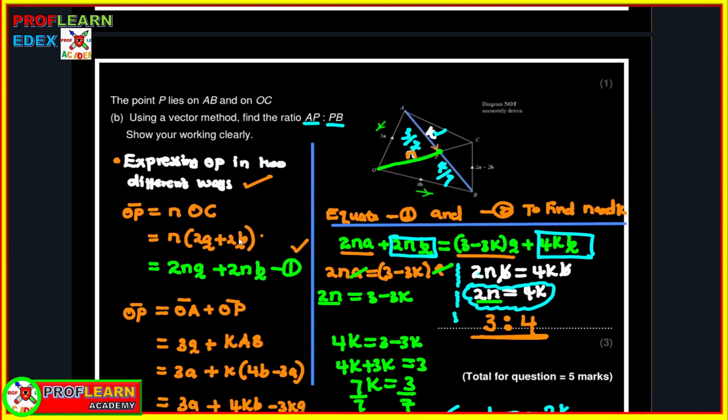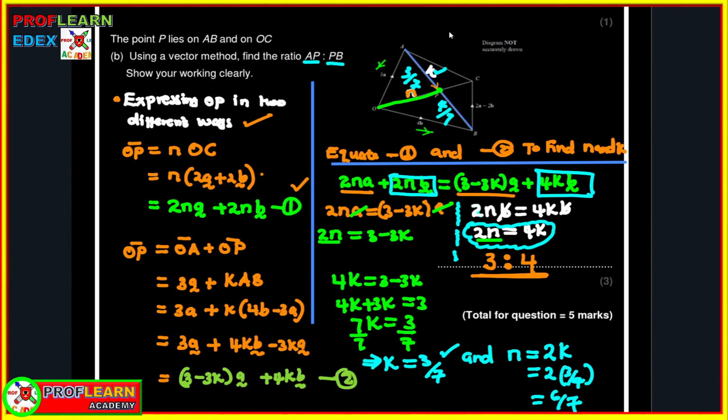Another route you can use to reach OP from O is the route OA, then AP. But remember, AP is going to be K of AB. That is why I've written this step here. If you substitute and simplify, you're going to get equation 2, which is this, and because I've factored out A, I remain with 3 minus 3K plus 4KB.